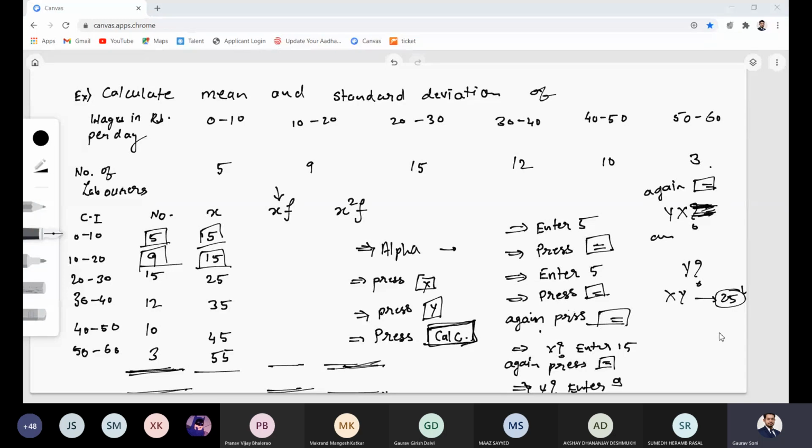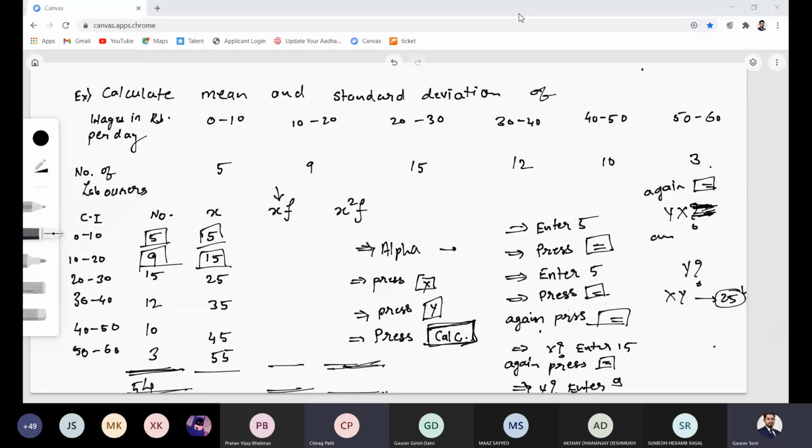Chirag, Janvi, summation f is 54. 54. xf, Xavier, 180.